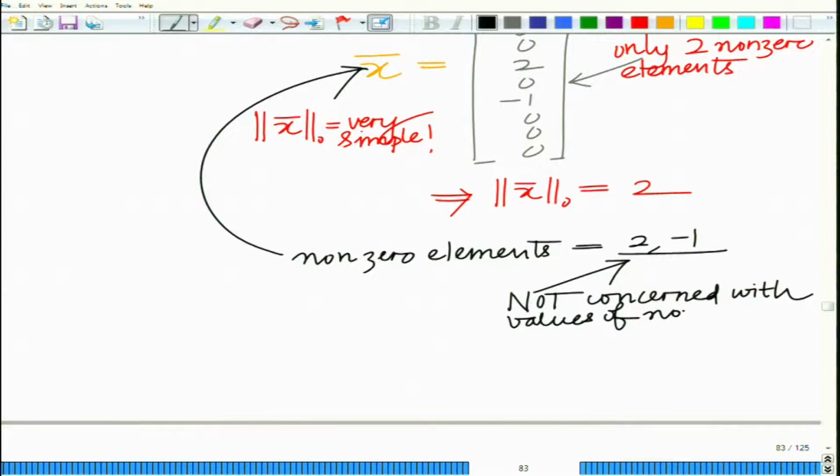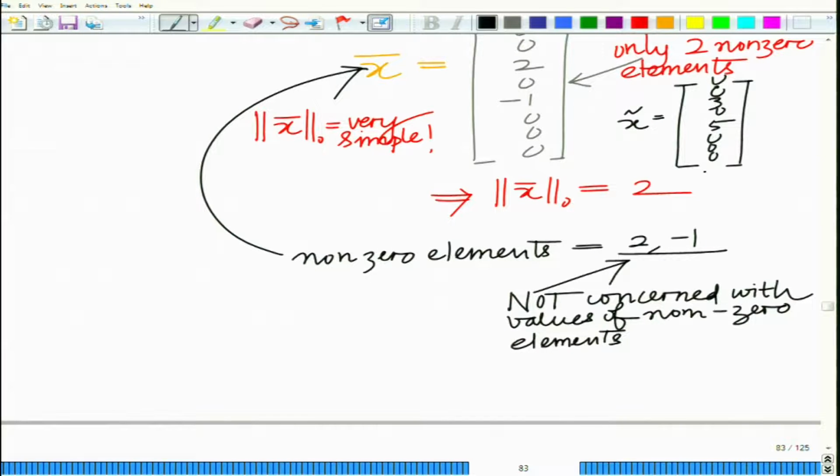For instance, if you have another x tilde which is 0 0 3 0 5 0 0 0, the non-zero elements are 3 comma 5, and the L0 norm of x tilde is also 2.